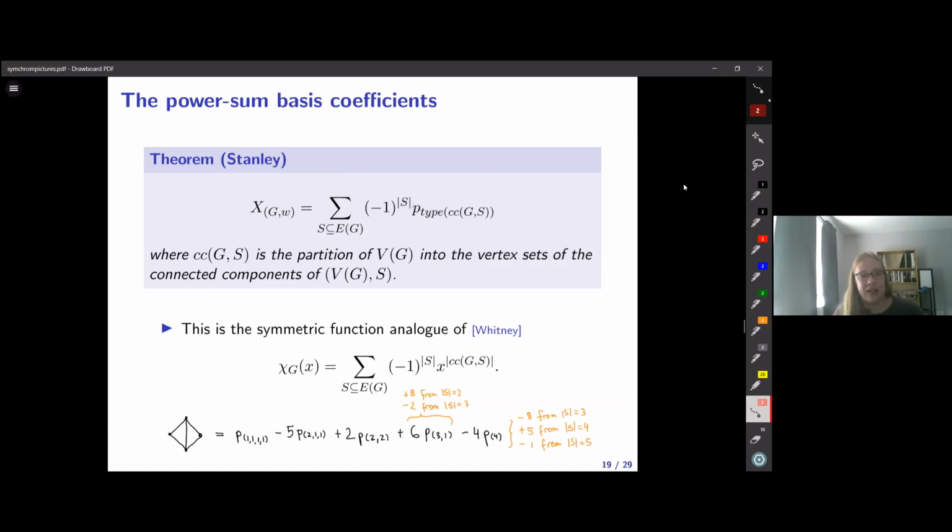But it's interesting, right, that there was a proof before deletion contraction that worked with symmetric functions, and that now there's a graph proof that I can tell you in just a few minutes. And the other thing that I like about this is that this looks exactly like the theorem of Whitney's that we looked at earlier. Right, so somehow the M basis counts colorings, the P basis seems to be the analog of this theorem of Whitney's.